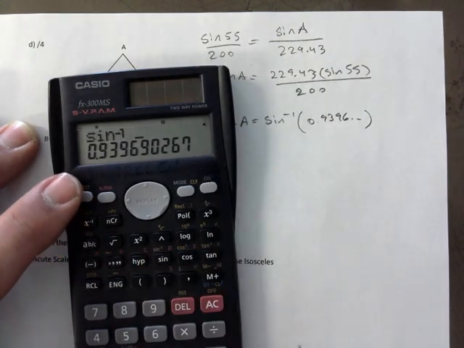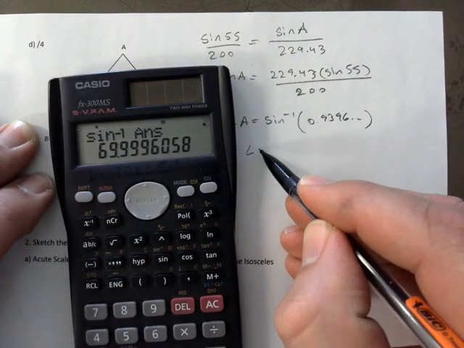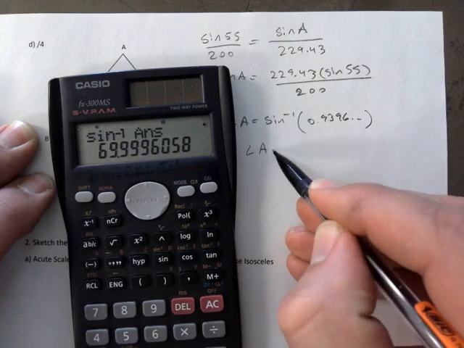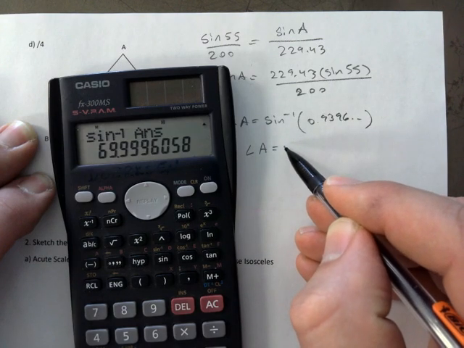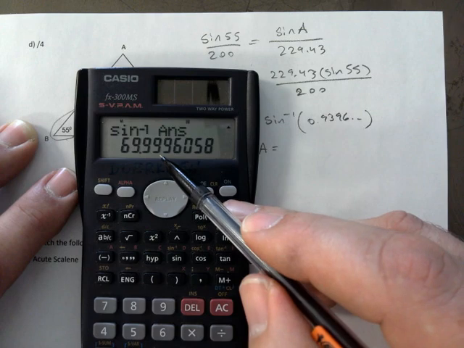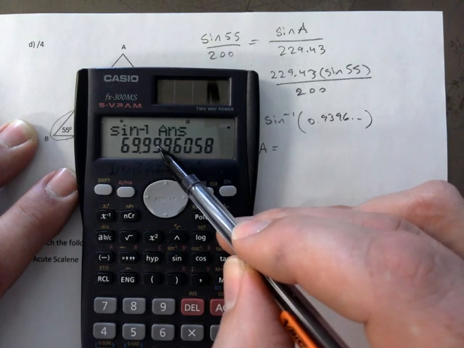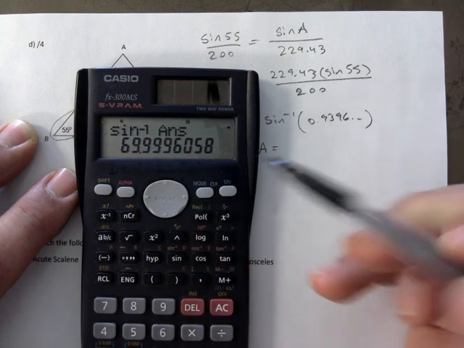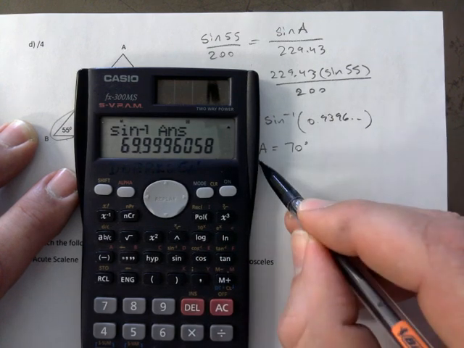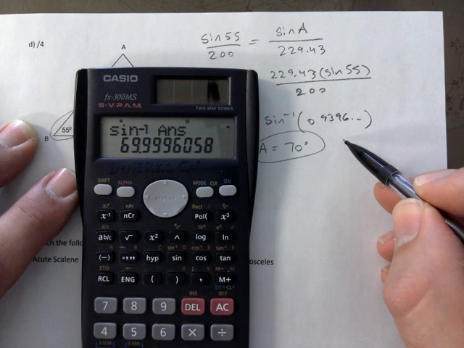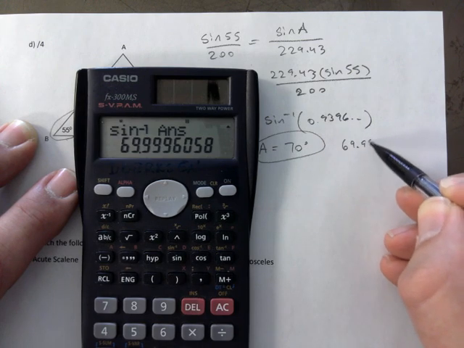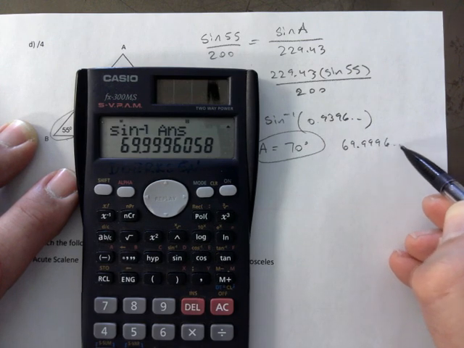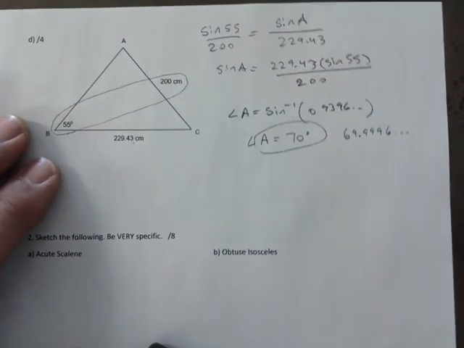Take the inverse of that, and I wanted it to be 70. This rounds to 70, all right? Because this 9 turns into a 10, 10, 10, 7, right? I will just make a note. So 70.